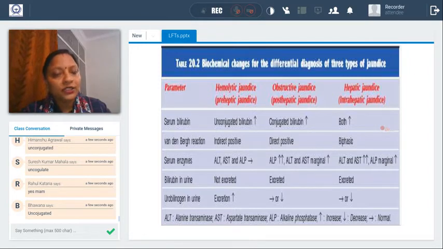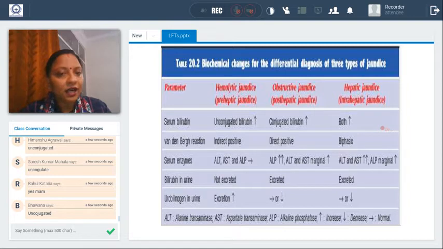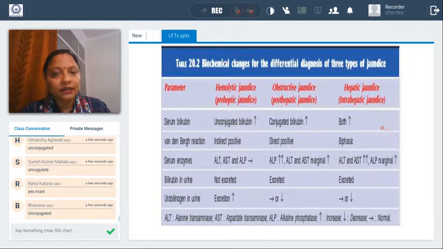So Van den Bergh reaction shows indirect positive in hemolytic because of the increase in unconjugated bilirubin, direct positive in obstructive jaundice because of increase in conjugated bilirubin, and biphasic means both are increased.